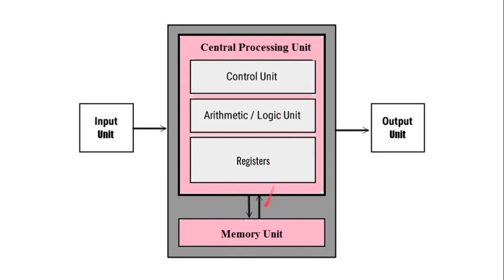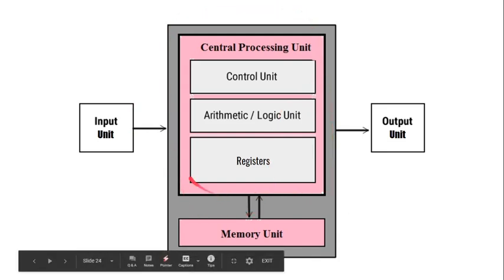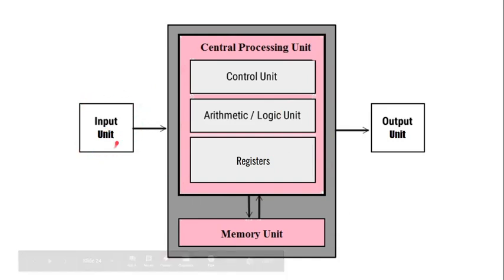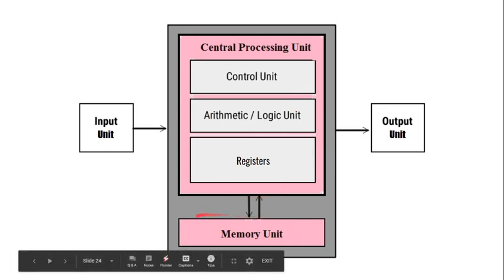So this is the functional unit of a computer. A functional unit is classified into input unit consisting of input devices, then the output unit consisting of all the output devices, then the central processing unit consisting of the control unit, arithmetic and logical unit, registers and memory unit.